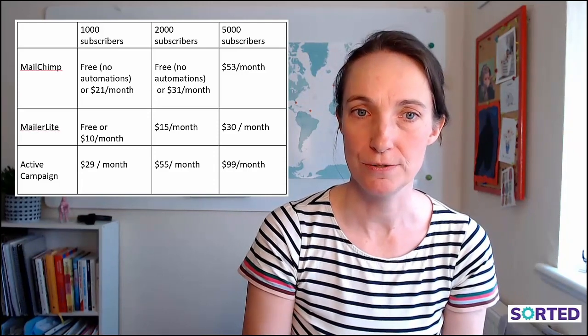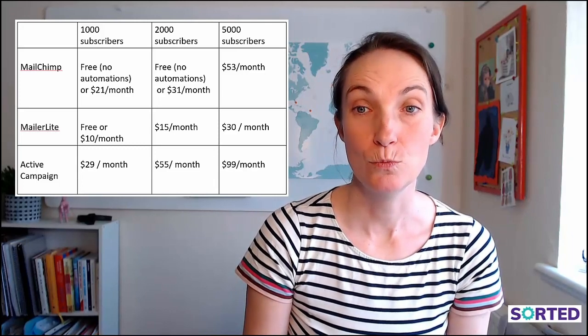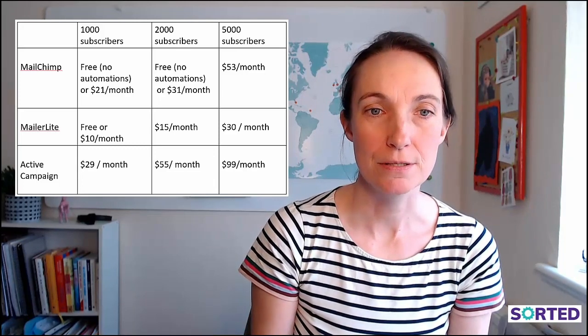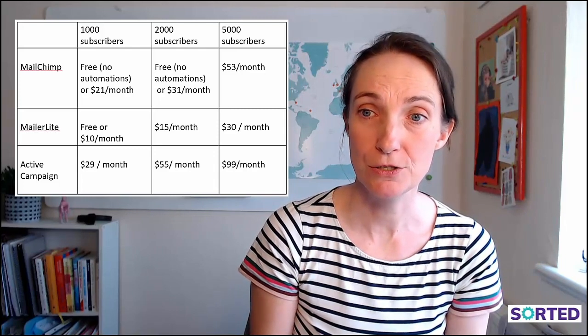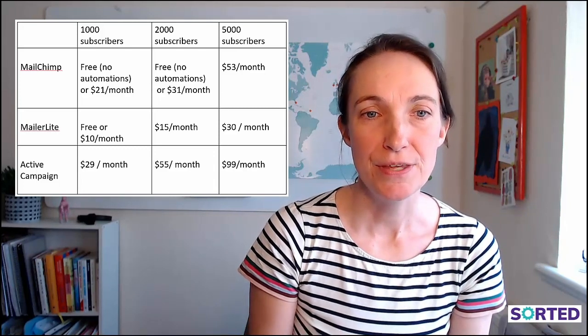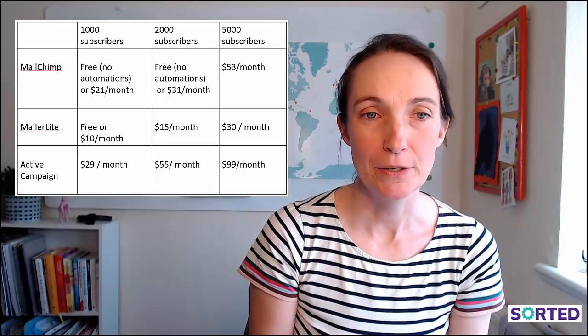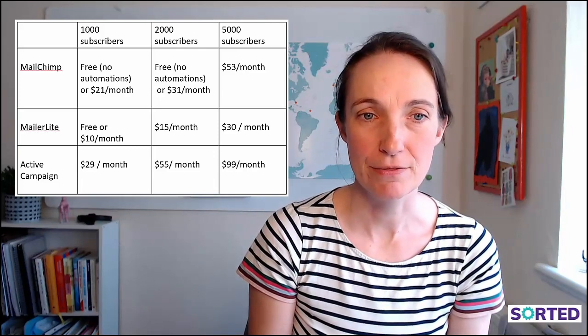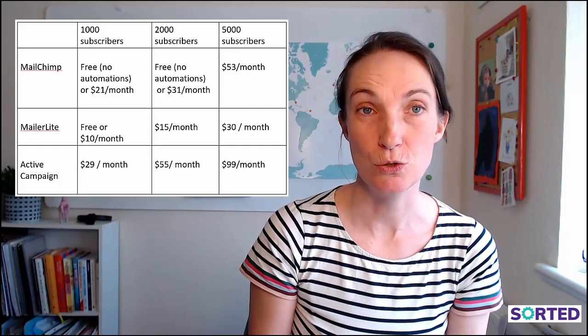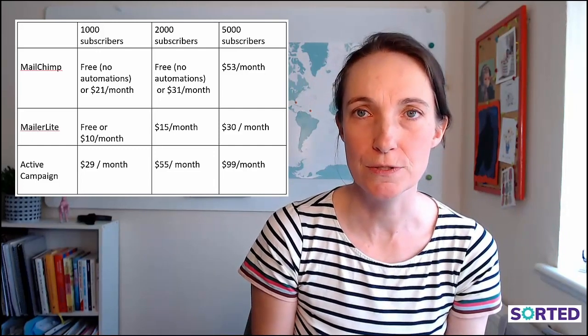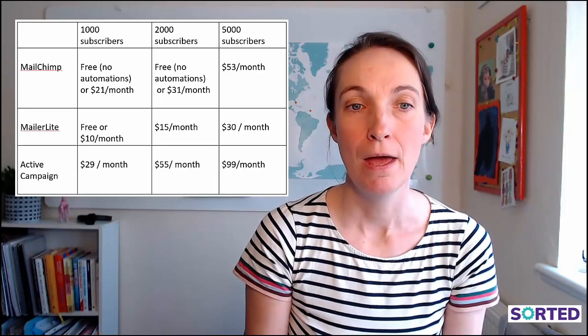MailerLite would be free for up to 1,000 subscribers, and that would allow you to use the automations. The only things you don't get, which you may want to pay the $10 a month for, would be A/B testing, which is split testing. So you could send an email with 2 different titles and see which one works better.